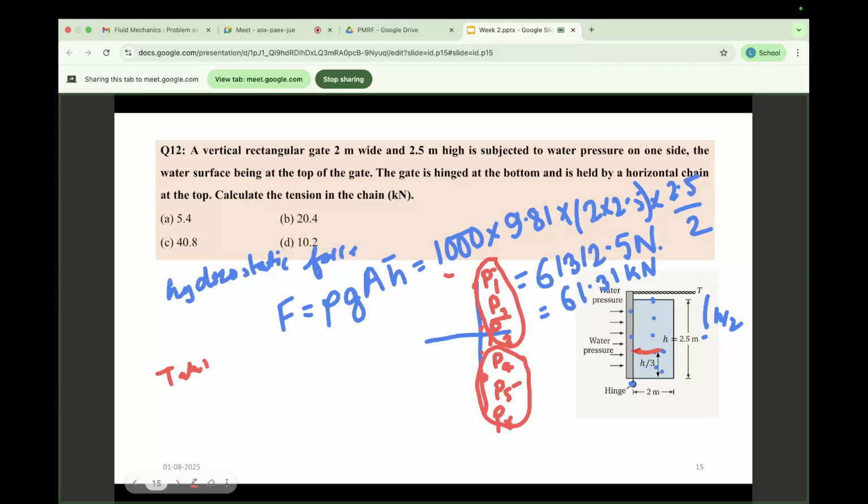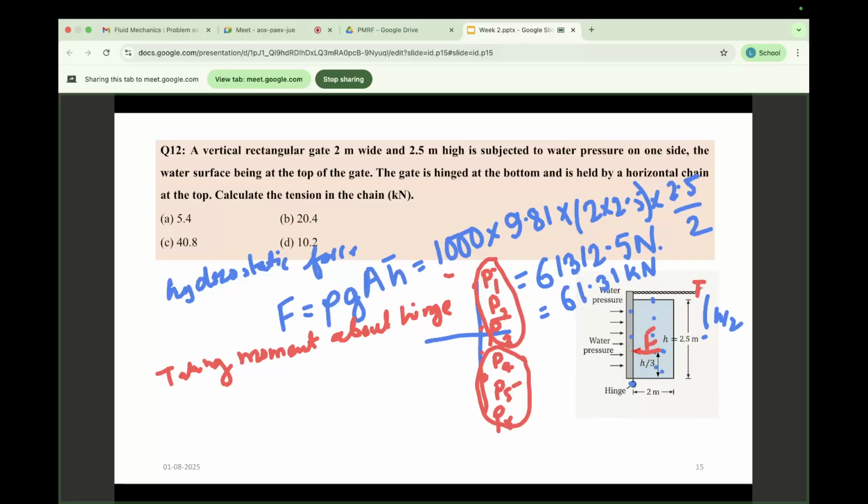Taking moment equation, moment about the hinge. So where is the hinge? Hinge is here. What forces are applied? Here two forces are applying: one is F, and another is T.